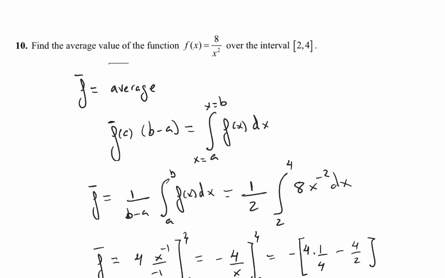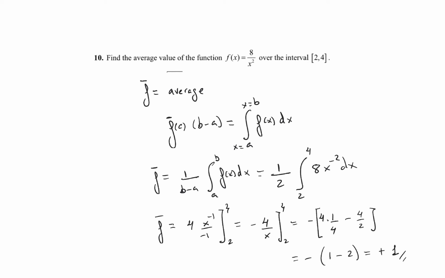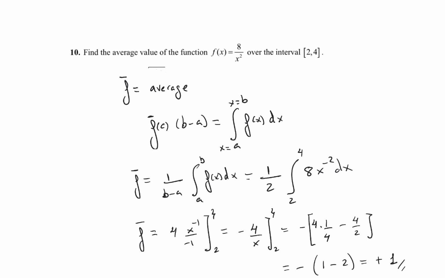And now another problem: find the average value of f of x equal a divided by x squared in the interval 2, 4. So you have the function a divided by x squared, and you need to find the average value between 2 and 4.